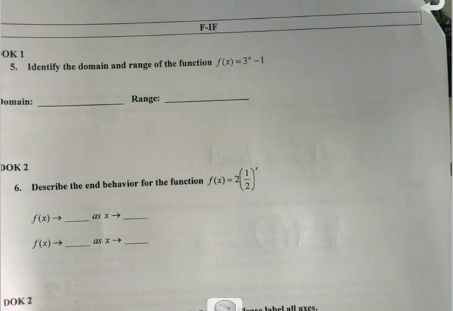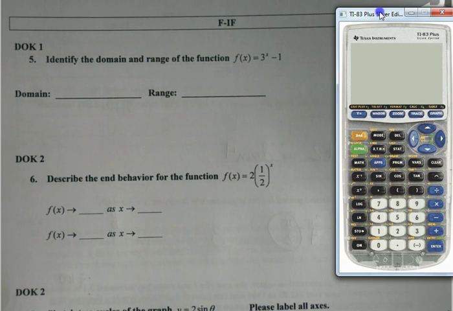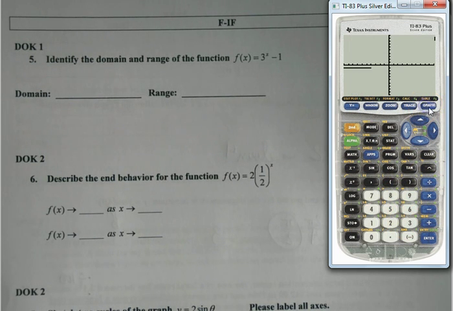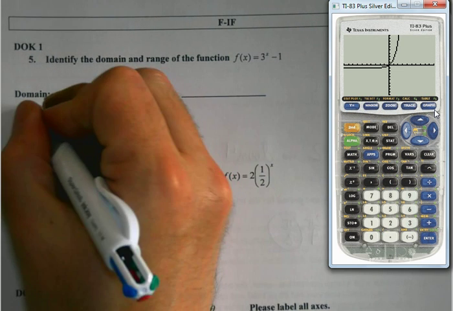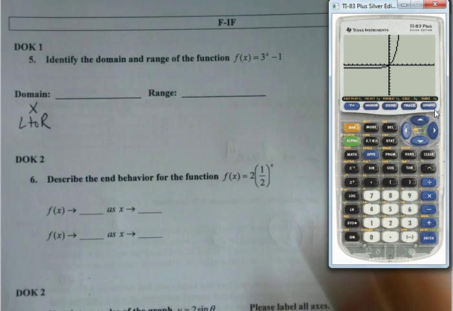So as we flip over, identify the domain and range. Now technically these next 2 questions I could do without the calculator, but I am a fan of being certain with things. So I'm going to go ahead, I'm going to type this in, and I'm going to look at the picture. Now, I've got to keep in mind that my domain and range, if I remember back, my domain is my x values from left to right.